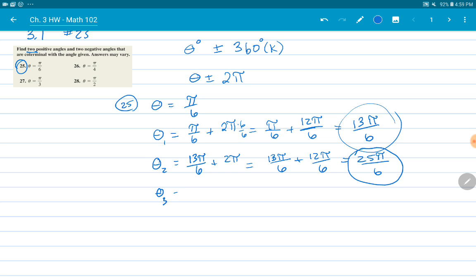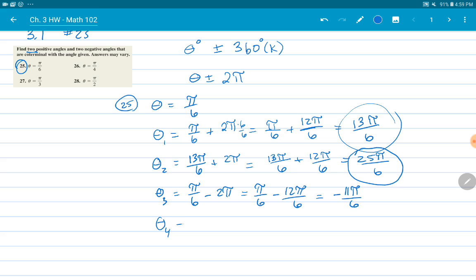Okay, and then to get negative ones, I'm going to subtract. So to find a negative coterminal angle, I start with pi over 6 and I subtract 2 pi. Same idea, pi over 6 minus 12 pi over 6, just getting that common denominator, and now I have negative 11 pi over 6.